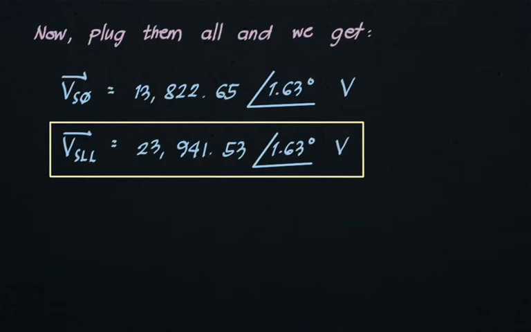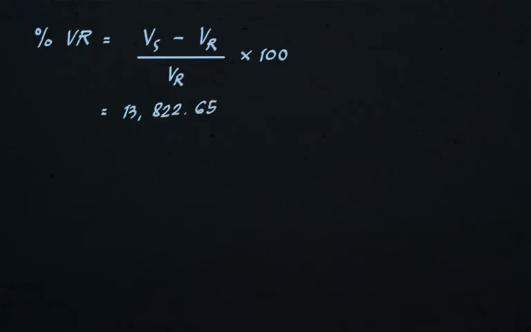Next is the voltage regulation, the percent regulation. Since this is a short transmission line, we use Vs minus VR over VR. The computed Vs will be plugged in here.